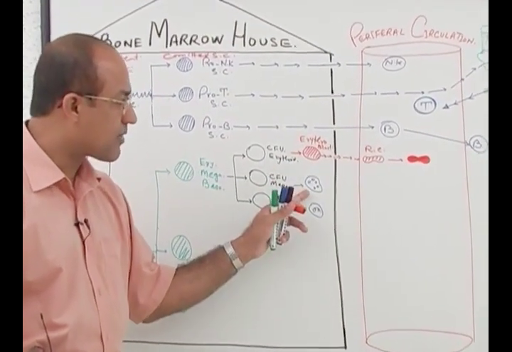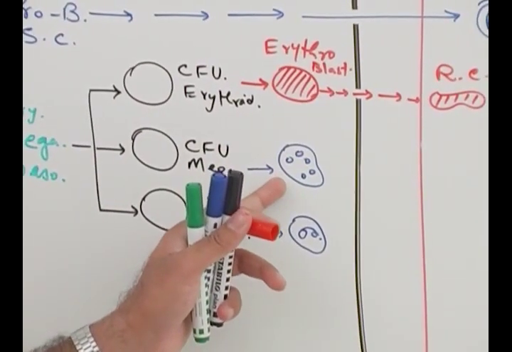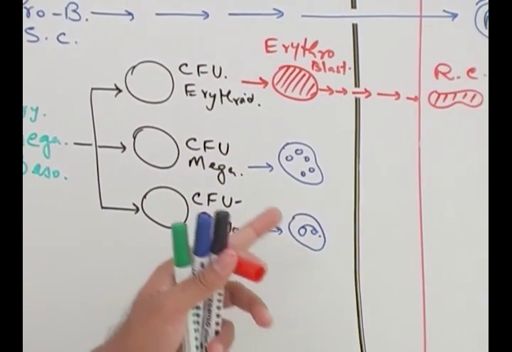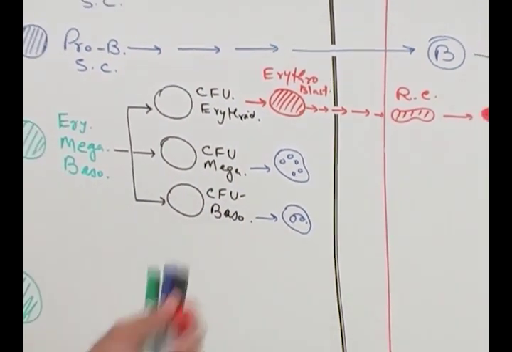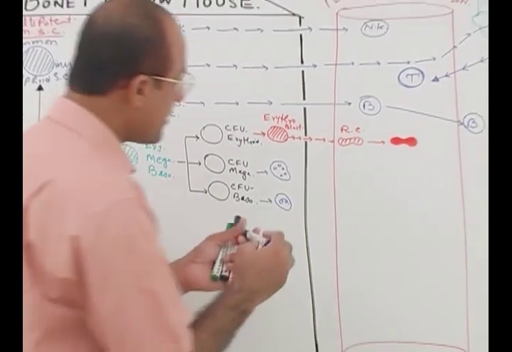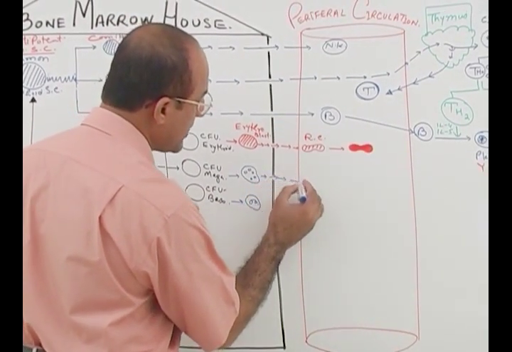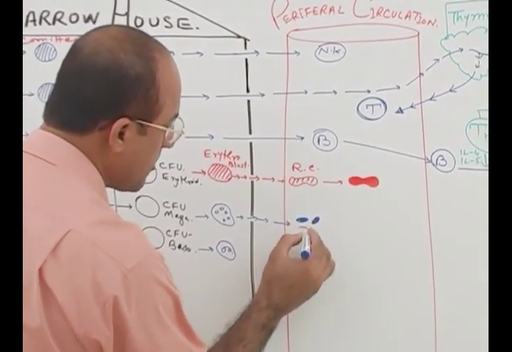This is the morphologically recognizable precursor cell for megakaryopoiesis or platelets. This is the morphologically recognizable precursor cell for the basophils, right? And eventually this will be producing platelets.